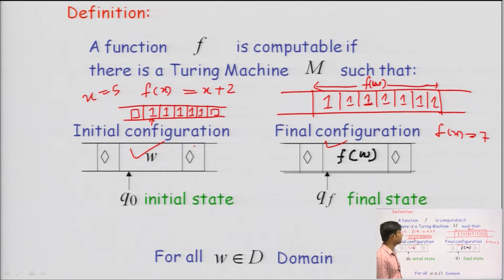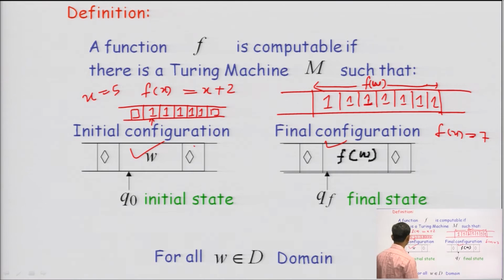First this is the initial configuration, then add the 2 to the 5. Sometimes you may consider a binary input alphabet. Suppose your tape is like this: 5 means 101, then plus 2, you will get 7, which is 111 on your tape.